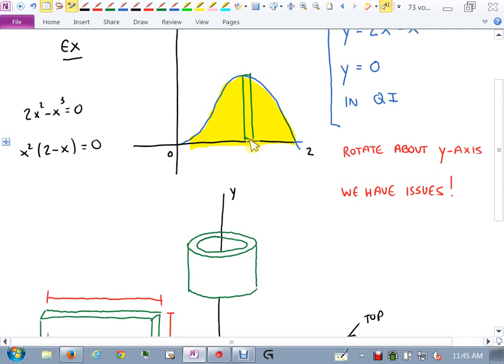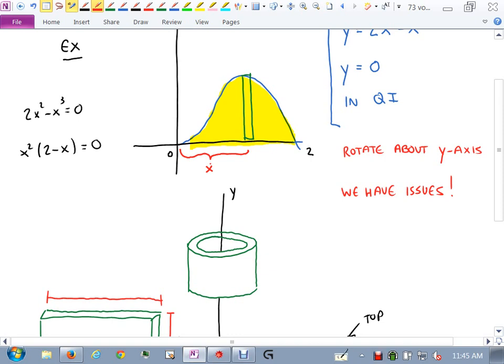When we move from a to b, what variable is actually changing? x, right? The value of x is going from a to b. So this distance from the origin to that rectangle is the variable x, isn't it? It's x as it moves. So I'm going to label this distance right here, from here to here, x in this particular problem. And x in our problem starts at 0 and ends at 2.